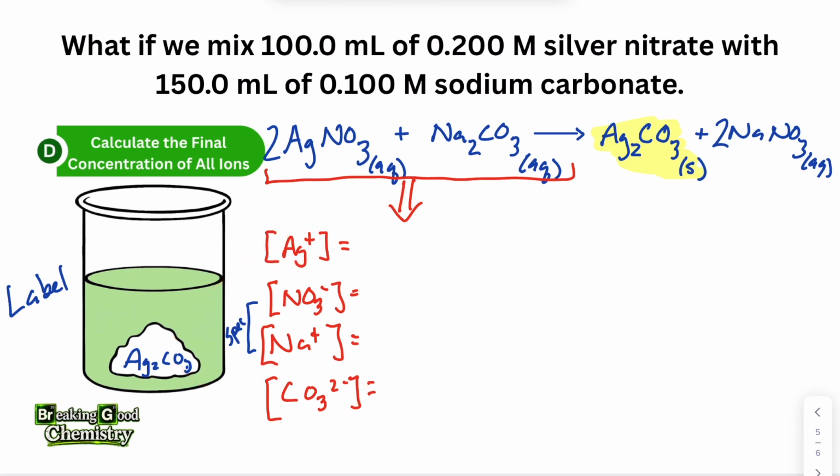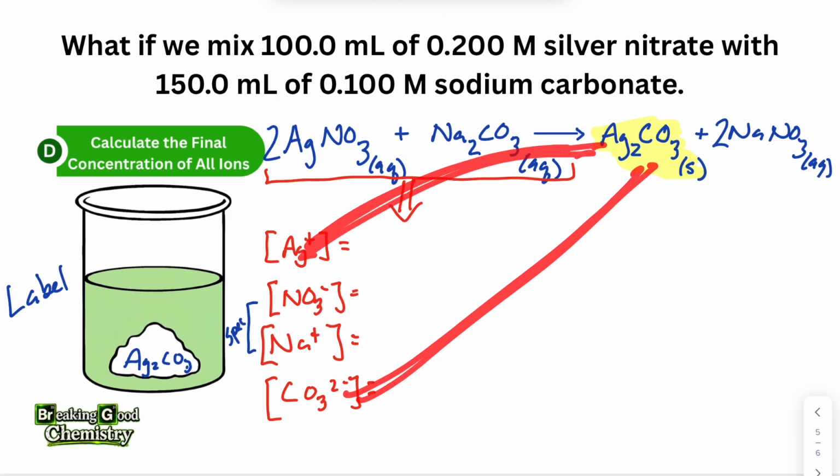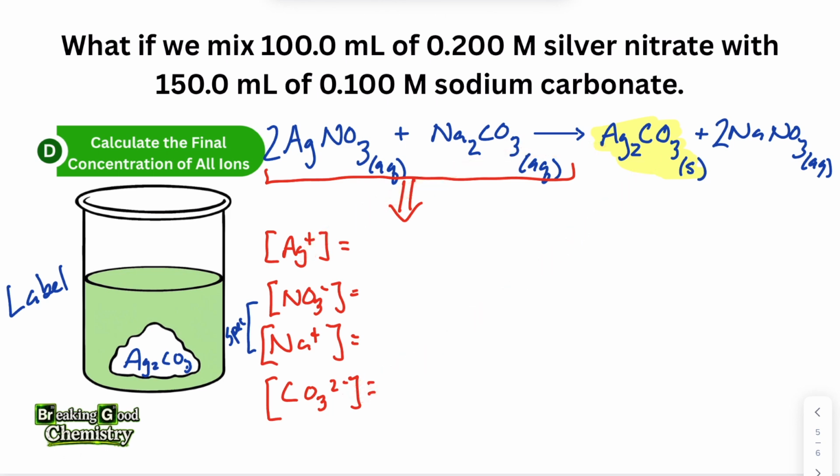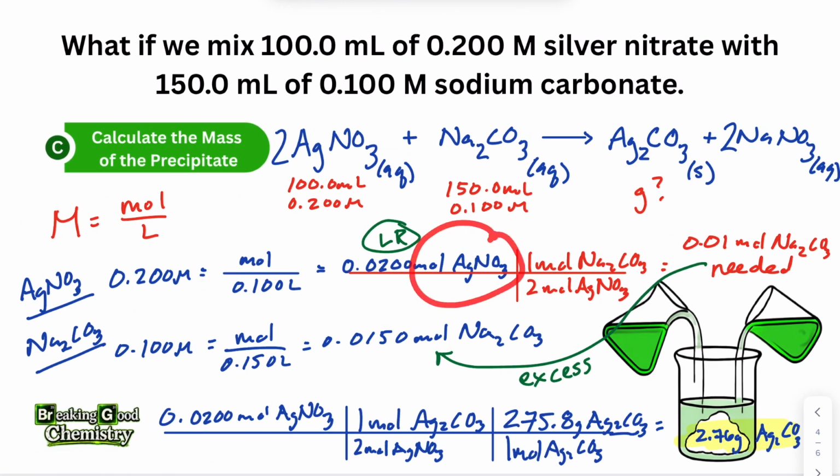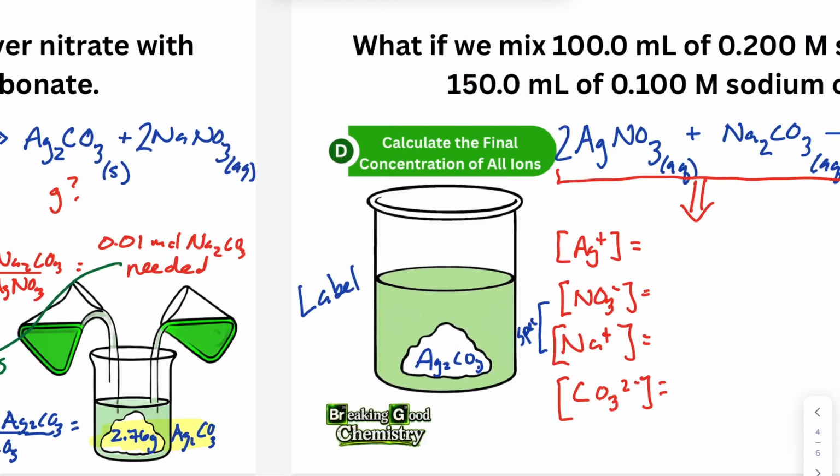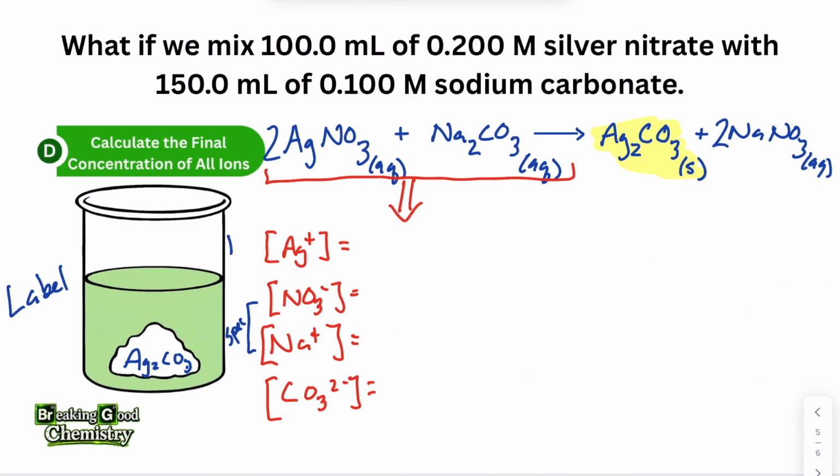The reason why is as these are coming together and making my solid, one of them eventually has to run out. So which one of these is part of the limiting reactant? Well, we just learned that silver nitrate is a limiting reactant. So this right here is my limiting reactant. This is an excess. So this is 0 molar.